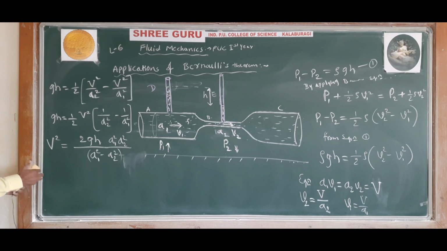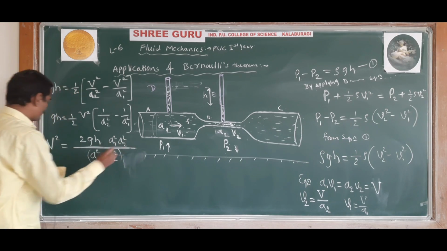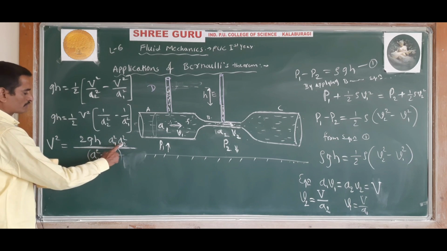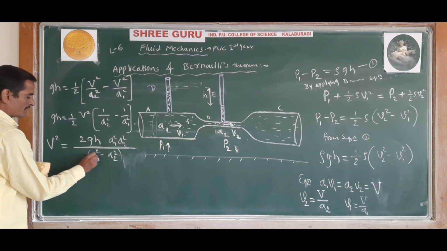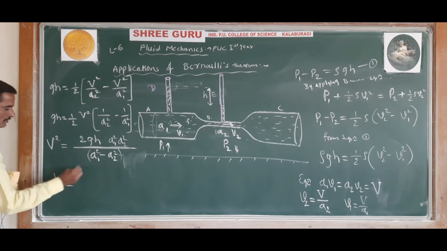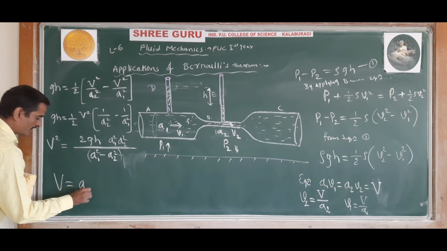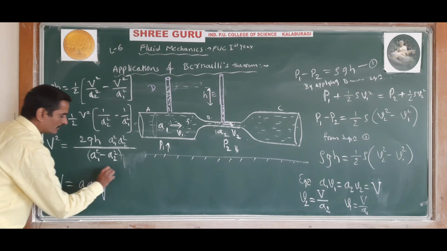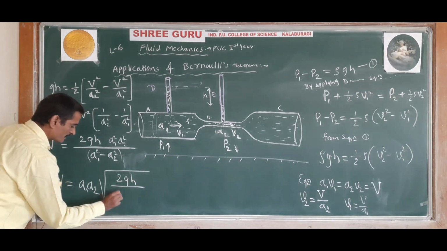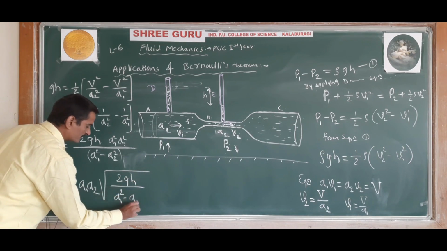Understand the mathematics? So V square is equal to 2GH A1 square A2 square divided by A1 square minus A2 square, that is V is equal to A1 A2 outside, under root 2GH divided by A1 square minus A2 square.